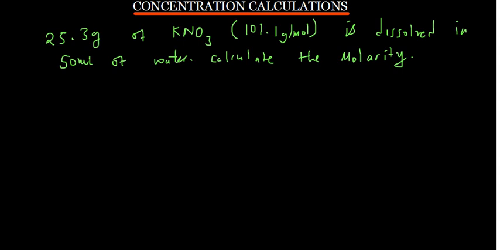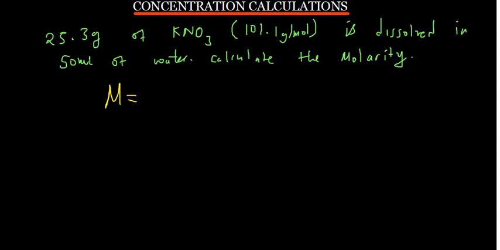Alright. Now we've been given this question here. 25.3 grams of potassium nitrate with a molar mass of 101.1 grams per mole is dissolved in 50 milliliters of water. Calculate the molarity. Now we know that molarity, what's the formula for molarity?